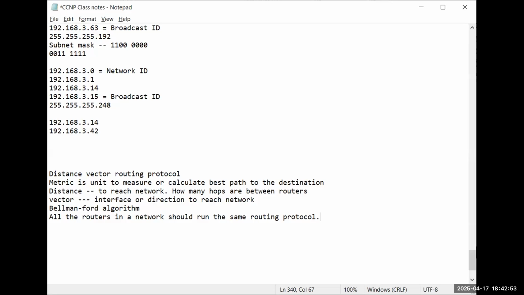So full information, say I have 5 networks. Additionally, I'm adding a 6th network. When the routing information is exchanged between the routers, all 6 are exchanged again. Then I'm adding a 7th network range.